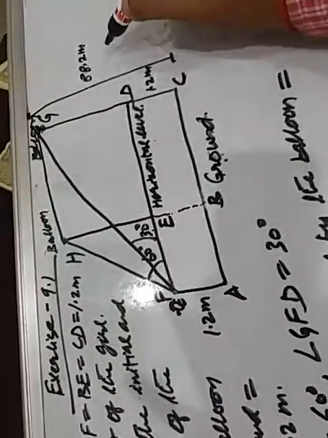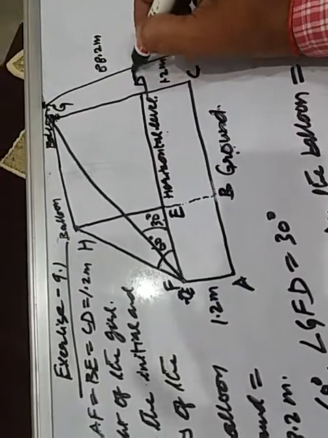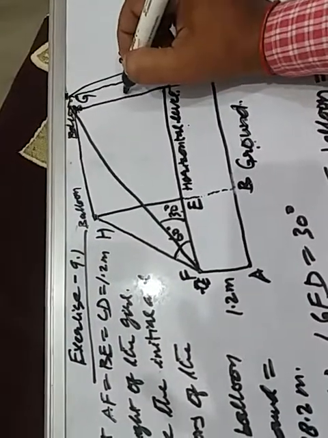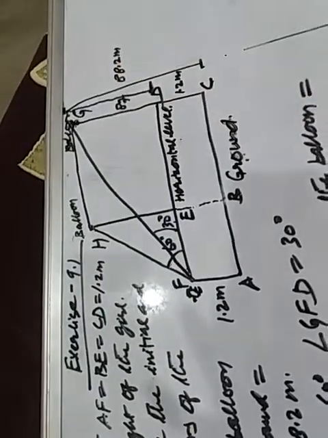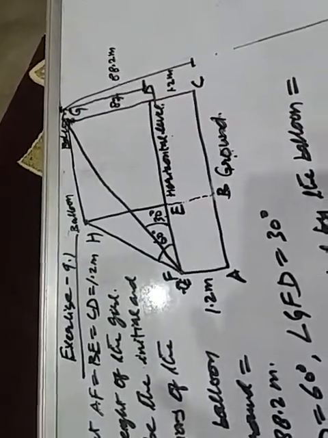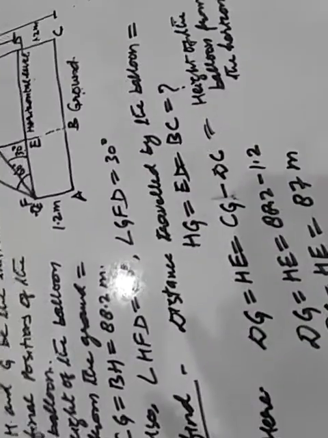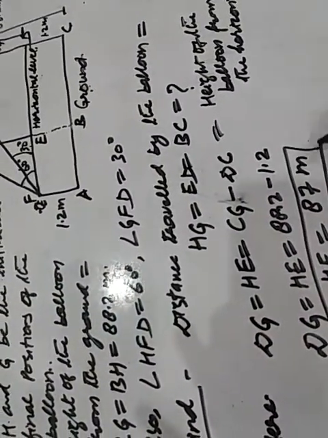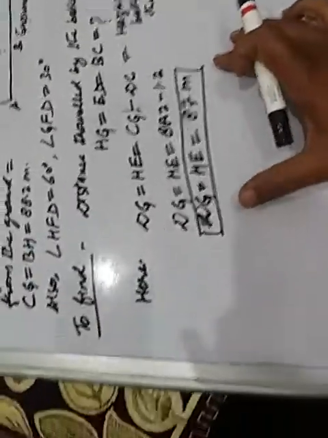Means this distance from here to here, look at here, this distance DG equal to 87. Okay children, this is 87 now. So DG equal to HE equal to 87. Okay, now there is no problem. This is the turning point of the question.